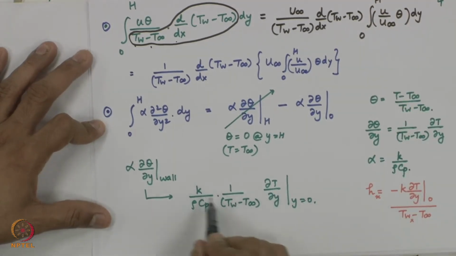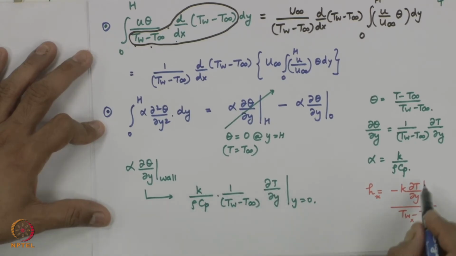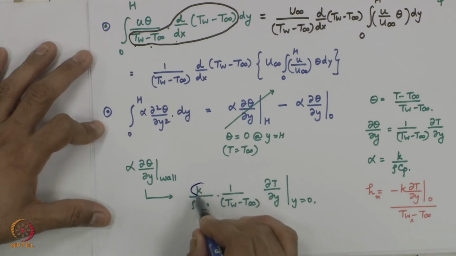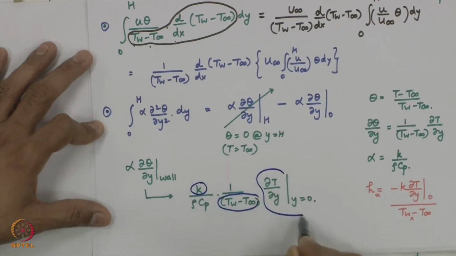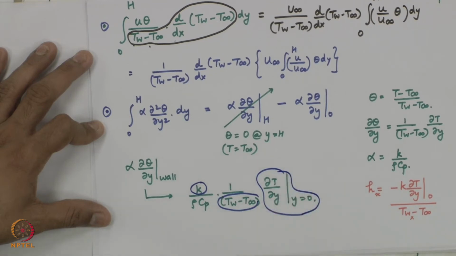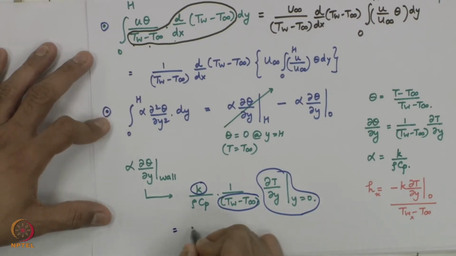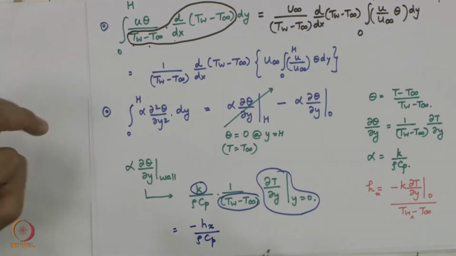So, this quantity, k dT by dy divided by T wall minus T infinity, you can see this here. What is this? Minus h of x, minus hx. So, minus local heat transfer coefficient divided by rho Cp.